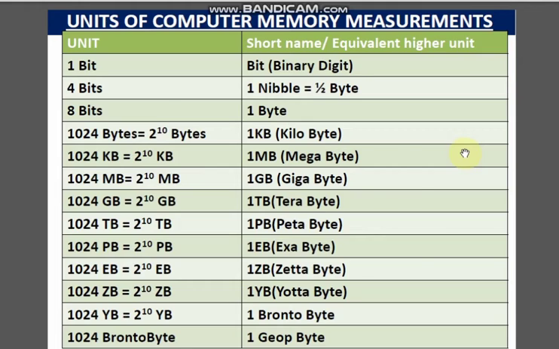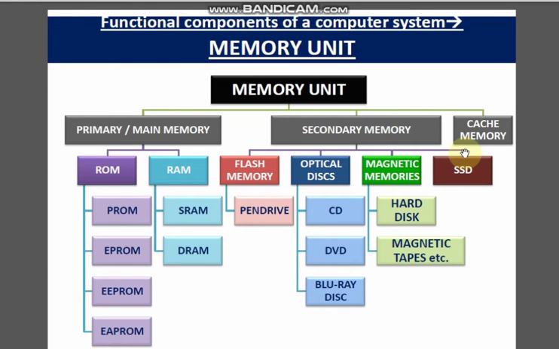Moving on. Memory unit, if we classify the memory unit, we can see that primary or main memory is there, secondary memory is there, and cache memory is there. Again, inside primary or main memory, we have RAM and ROM. RAM again can be classified as SRAM, static random access memory, and dynamic random access memory.